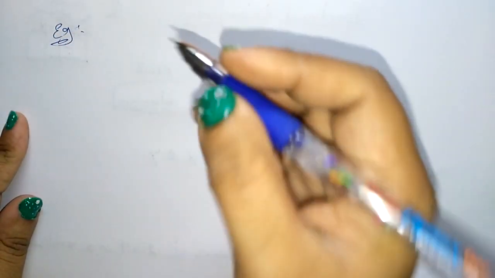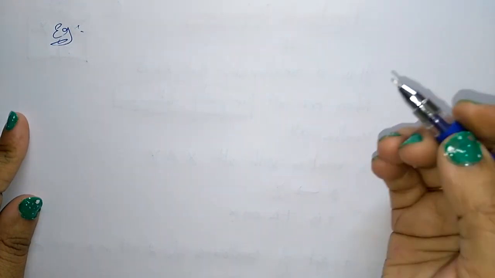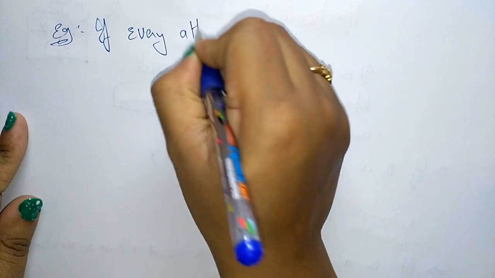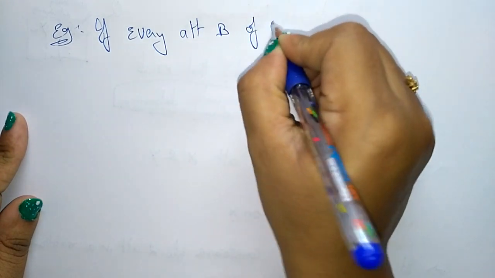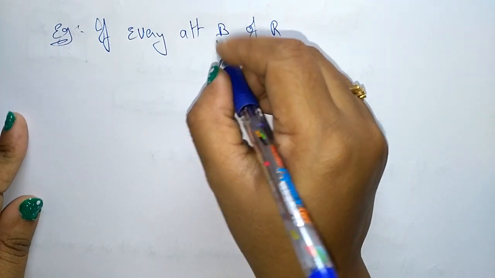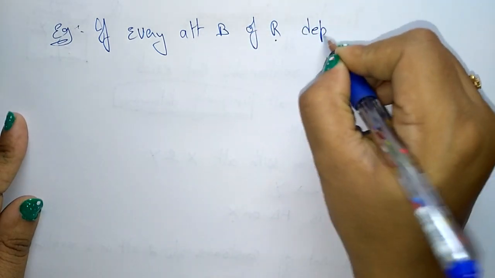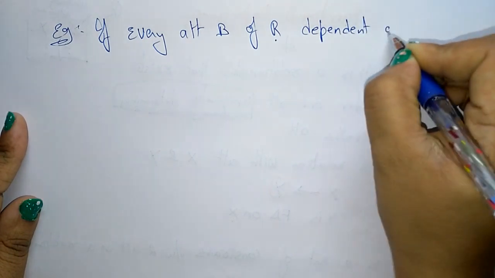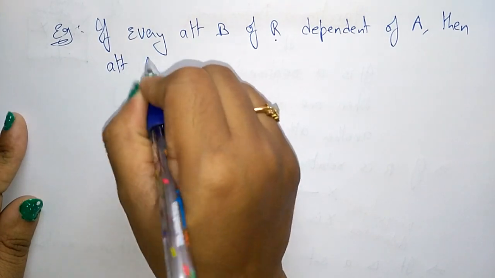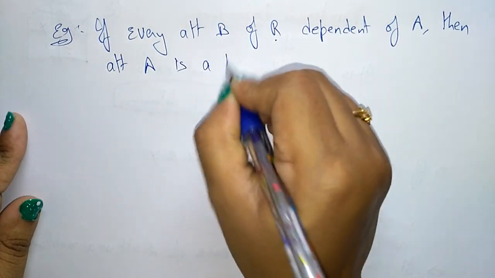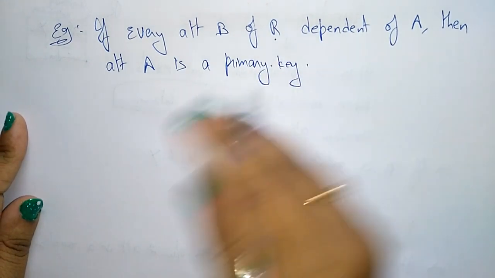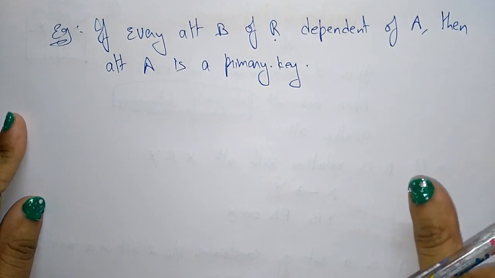Example. Suppose R is a relation, meaning the table name, and A and B are attributes in the table. If attribute B depends on A, then attribute A is a primary key. A primary key is an identification key which uniquely determines.